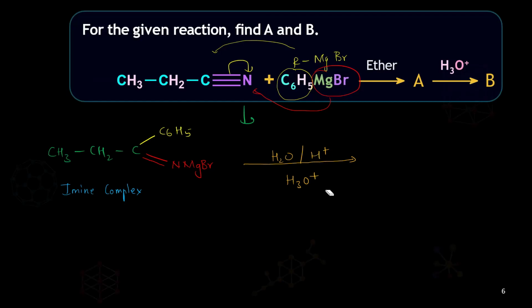I told you some other intermediate will be formed, the imine intermediate, where it will remove MgBr and attach hydrogen. Yes or no? I'm not writing the intermediate now. And then finally it will replace the NMgBr and put in the oxygen. So that's what happened here.